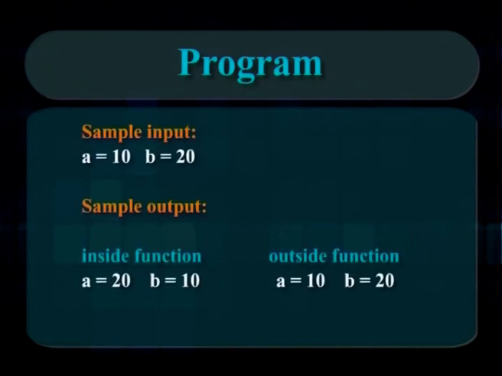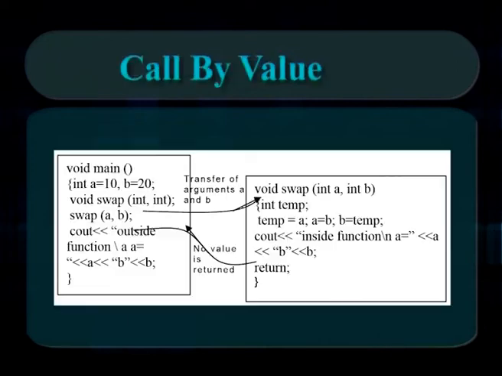The output is a equal to 10 and b equal to 20. The values of the variables are not exchanged. You can just notice how arguments are communicated.